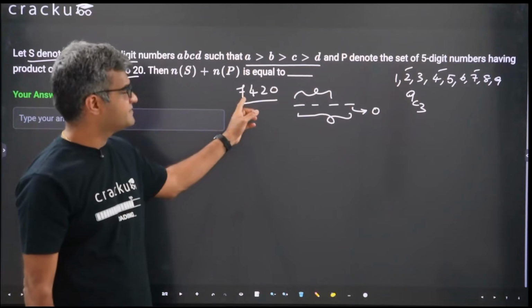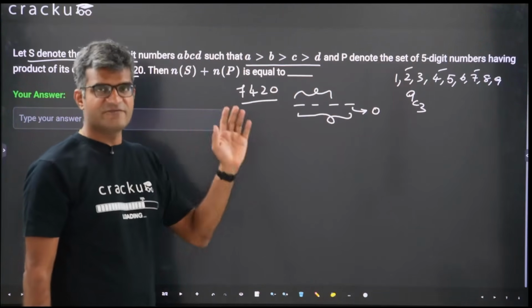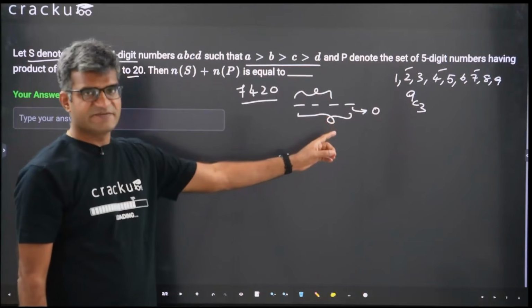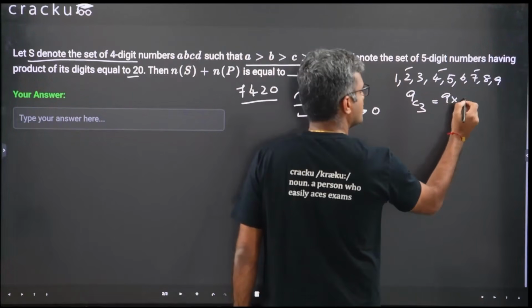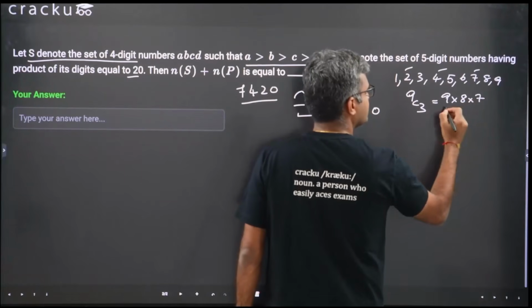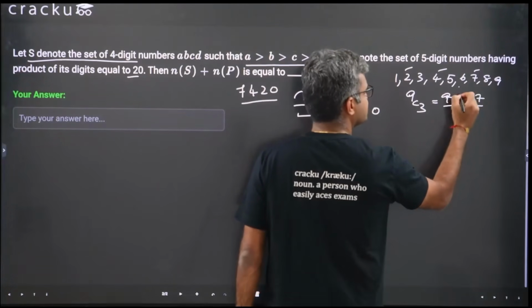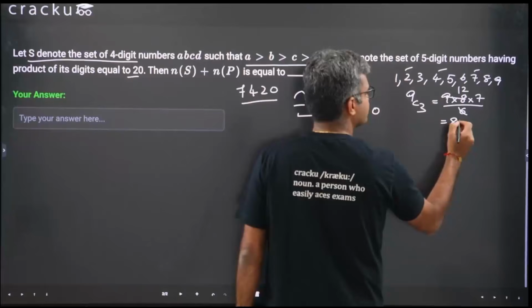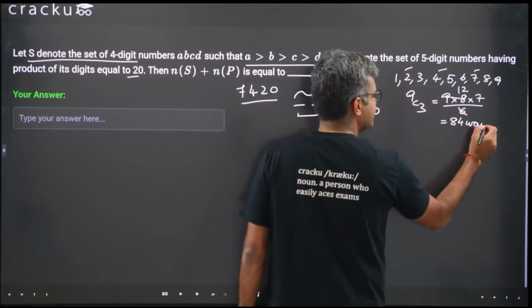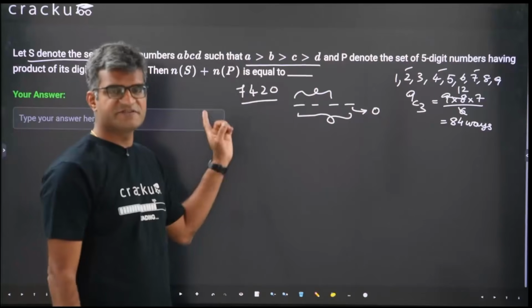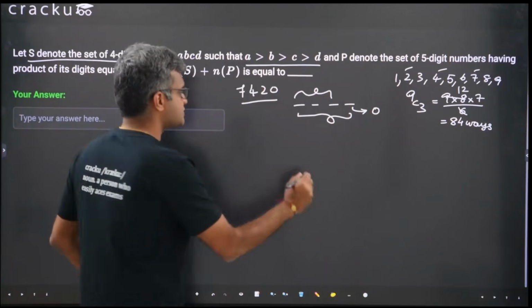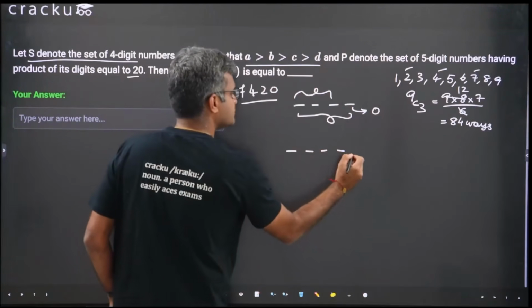But the number of ways in which we can select the 3 digits 7, 4 and 2 is 9C3 ways. 9C3 is equal to 9 into 8 into 7 divided by 6. This is 84 ways. So in 84 ways, the last digit will be 0 and all the digits will be in descending order. Now suppose the last digit is not equal to 0.